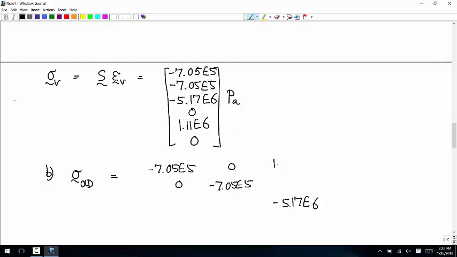XZ, 1.11 times 10 to the 6. And down here, and then zeros here.